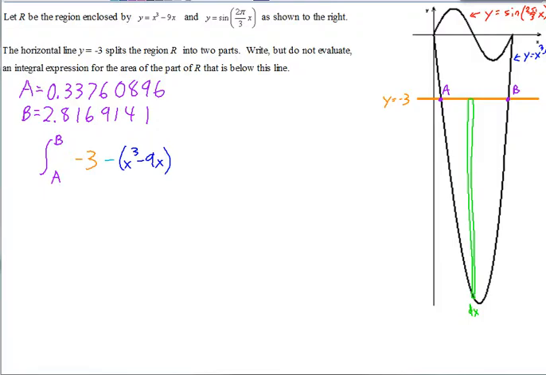And the whole thing times dx, so that would give us the area. And since again it just said write but do not evaluate an integral expression, the area of the part R that's below this line, that's it. We don't have to work it out, although we could work it out.